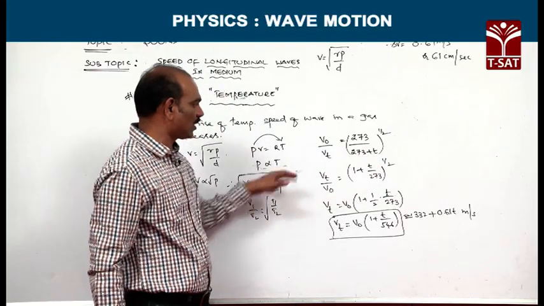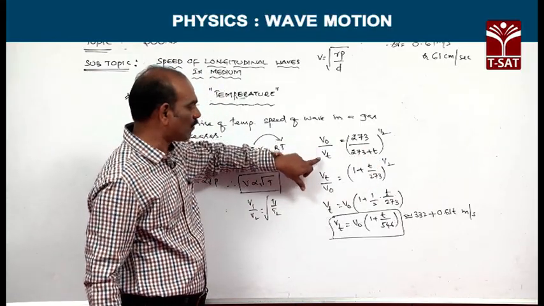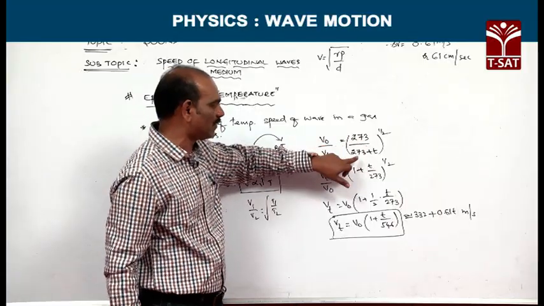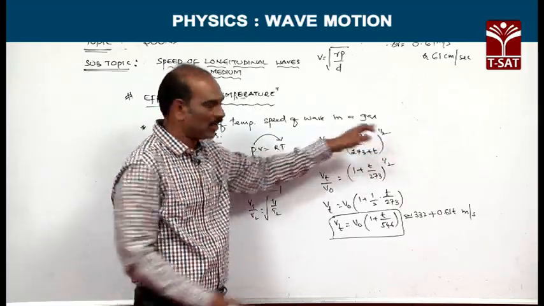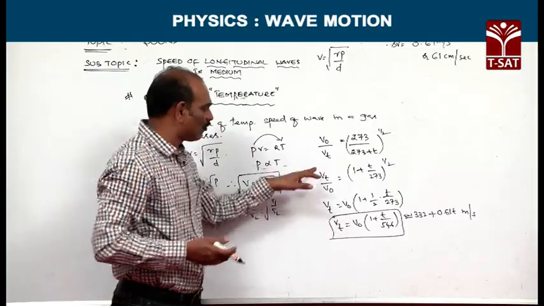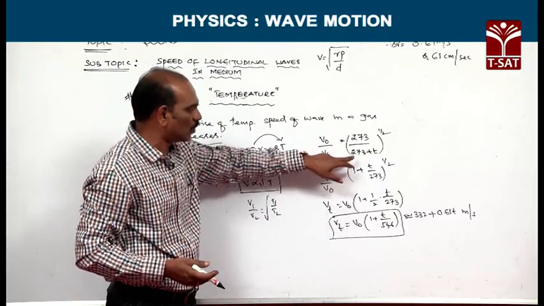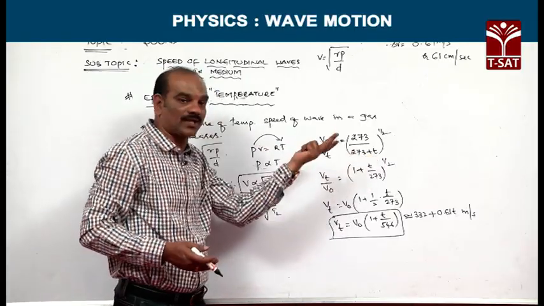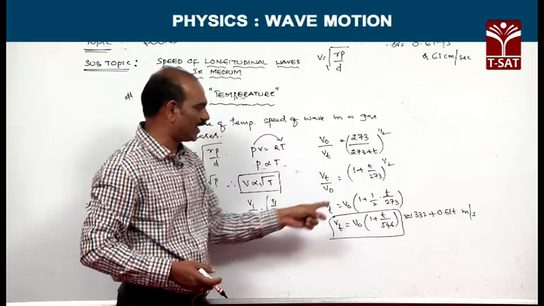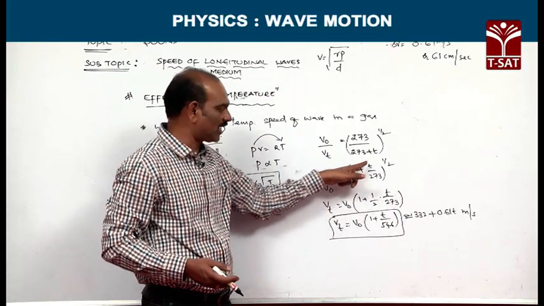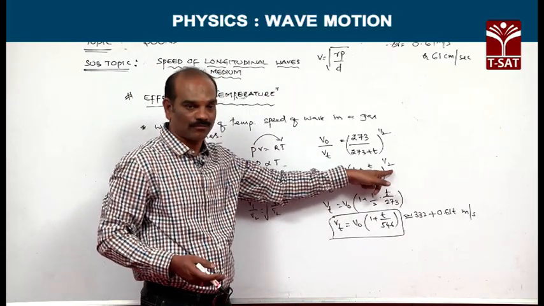So we obtain V0 by Vt equal to (273 by 273 + t) to the power 1 by 2. This can be simplified as Vt by V0 equal to (273 + t by 273) to the power 1 by 2, which is (1 + t/273) to the power 1 by 2.